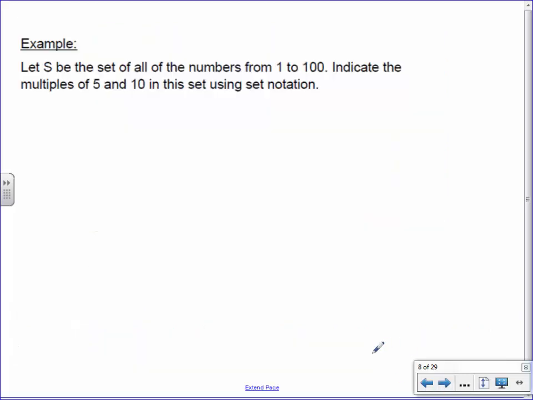Okay, let's try another one here. Let S be all of the numbers from 1 to 100. I don't want to write them out because that would be crazy. So let S be 1, 2, 3, dot, dot, dot, 99, comma, 100. Does that make sense? That implies that we're writing them all from 1 to 100.